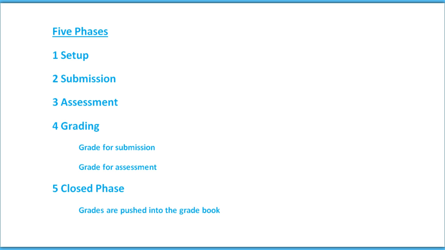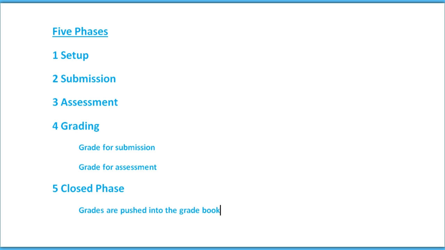Phase 3 is assessment. The students assess an example, if provided by the teacher, and assess each other's work. Phase 4, grading, is an activity done by the computer based on the criteria provided by the teacher.